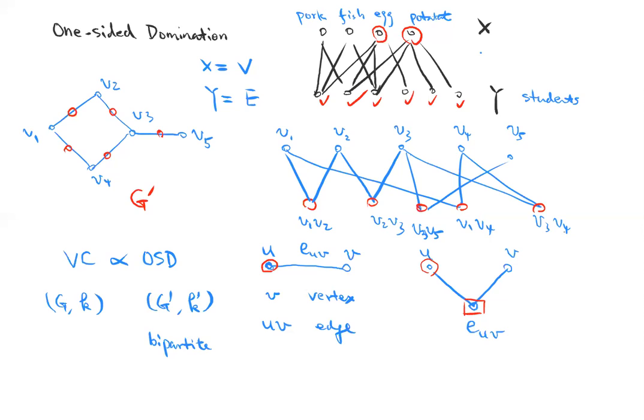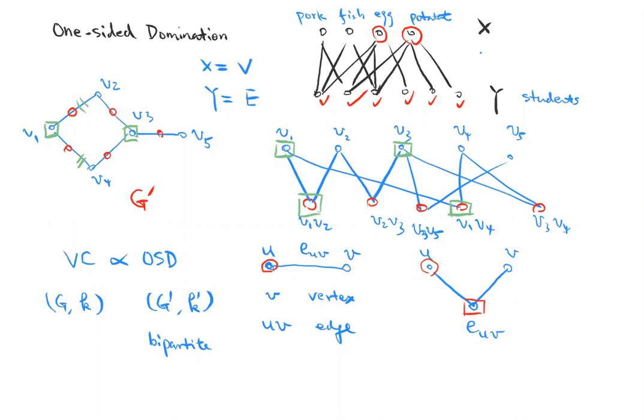Let's use this color. This vertex cover corresponds to this one. V1 covers these two edges, so here it dominates these two vertices. So you see the correspondence. That's how this reduction works, from vertex cover to one-sided domination.